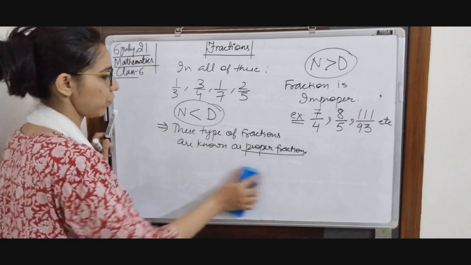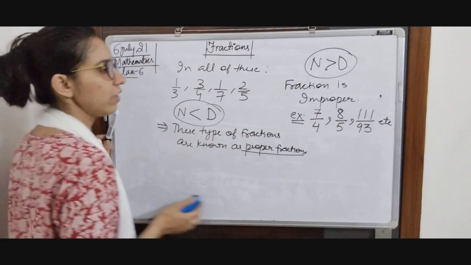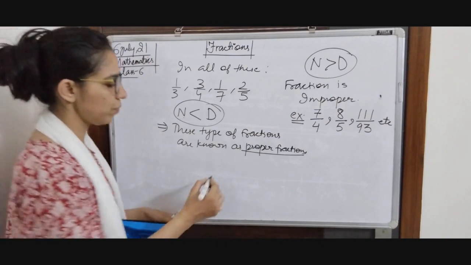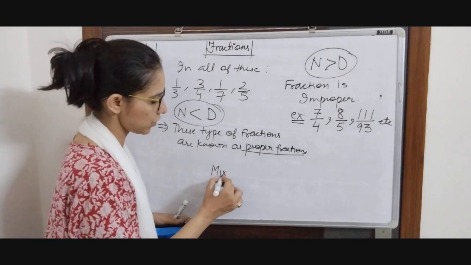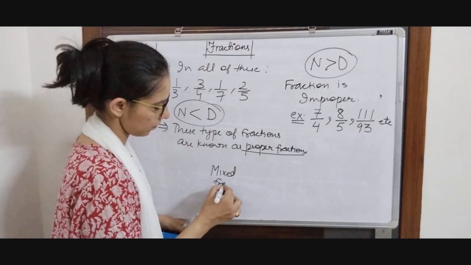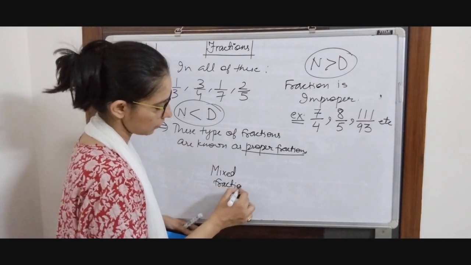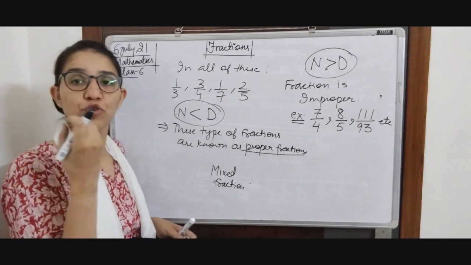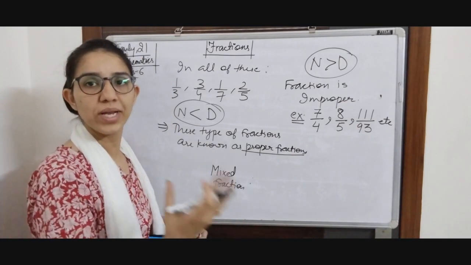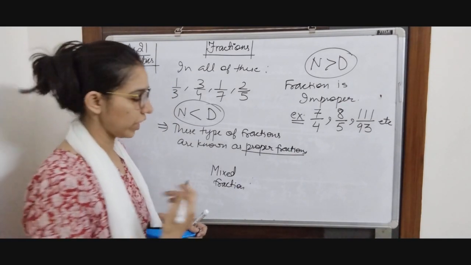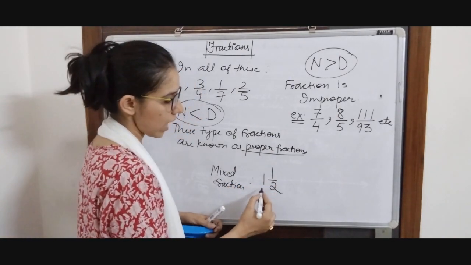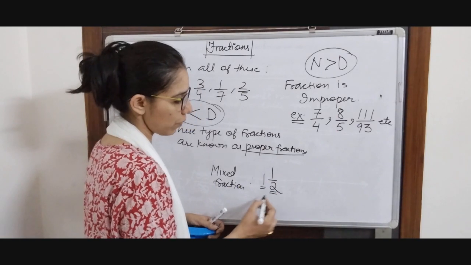One is your proper fraction, which is this. One is your improper fraction, which is this, and third is your mixed fraction. So what is mixed fraction? Mixed fraction is that one in which you have whole number as well as a proper fraction. Suppose 1 1 by 2, you have whole number and you have a proper fraction.